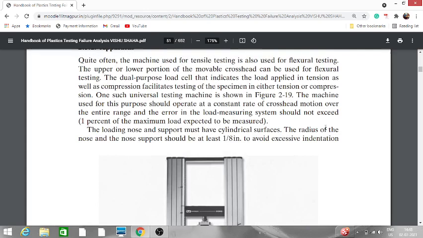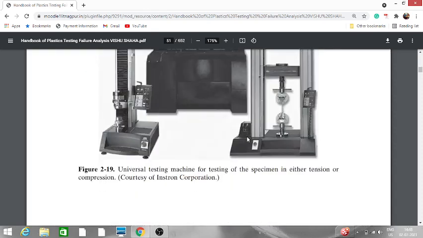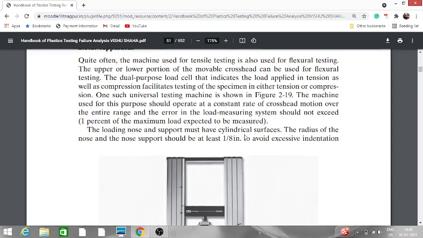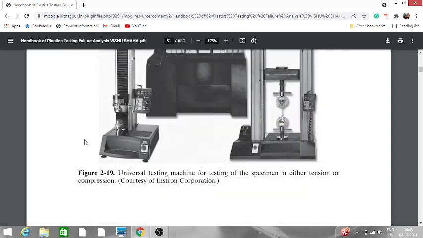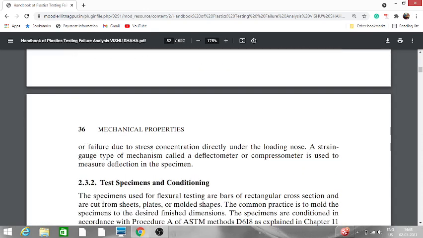The radius of the nose and the nose support must be at least 1/8 of an inch to avoid excessive indentation or failure due to stress concentration directly under the loading nose.